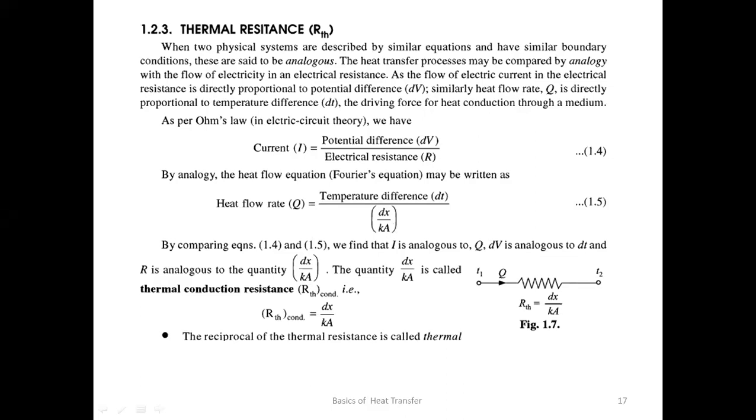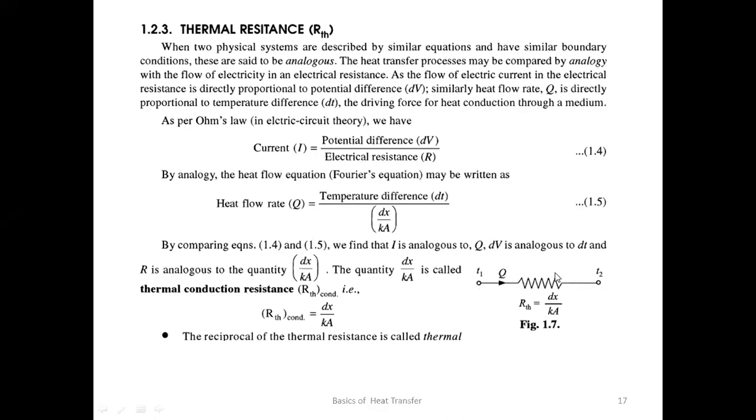Hence if you compare these two equations, this is the temperature difference, this is the potential difference, this is the current, this is the heat transfer rate. Hence this electrical resistance is analogous to the term that represents one resistance, and that is nothing but thermal resistance. Similar to the electrical resistance, we can draw a sketch here.